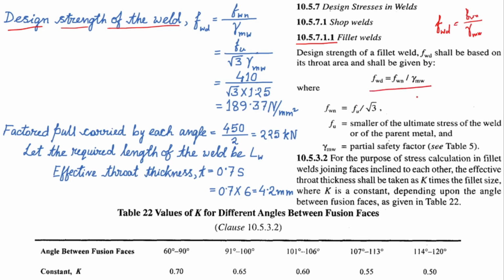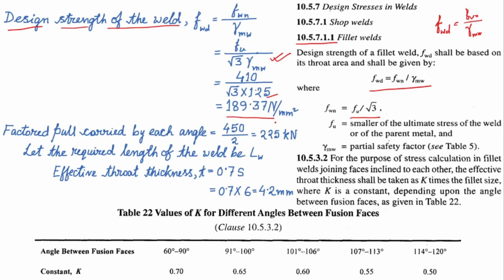What is FWN? FWN is again equal to FU by root over 3. So finally this is the formula of FWD. And if I put the values of FU, which is 410, and gamma MW, which is taken from table number 5, 1.25 for shop welding, we shall get the design strength of the weld as 189.37 Newton per mm square.